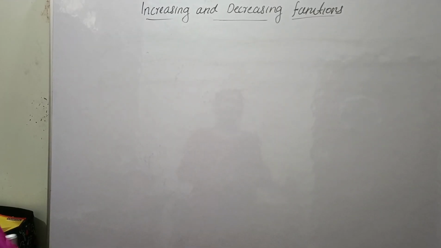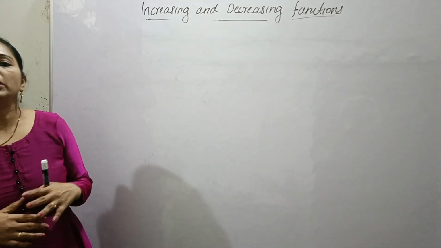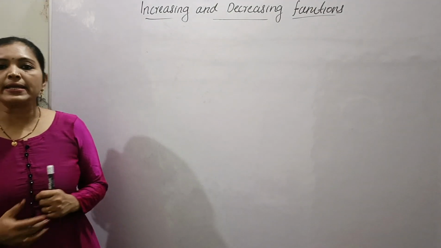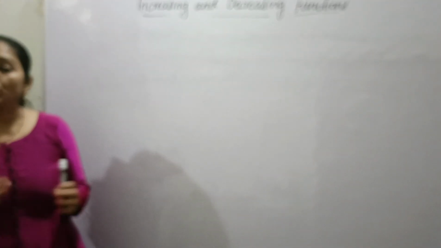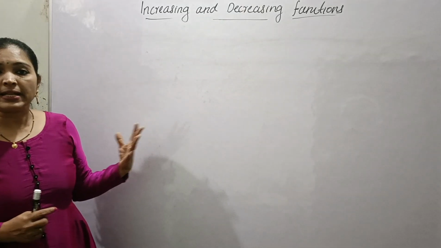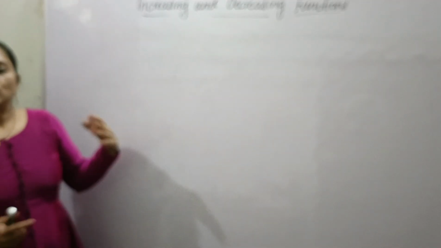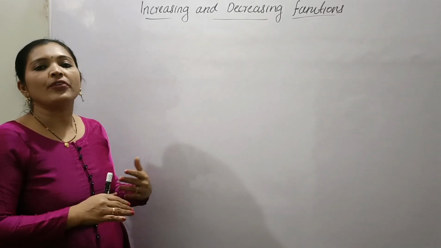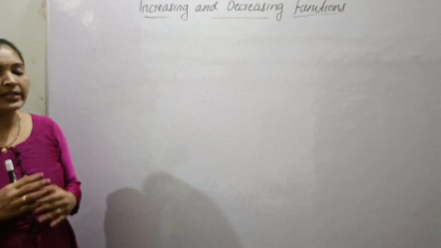Now let's study how to determine whether the given function is increasing or decreasing using derivatives. Our chapter is applications of derivatives, right? So here, using derivatives, how to find the increasing and decreasing function? What are the rules?